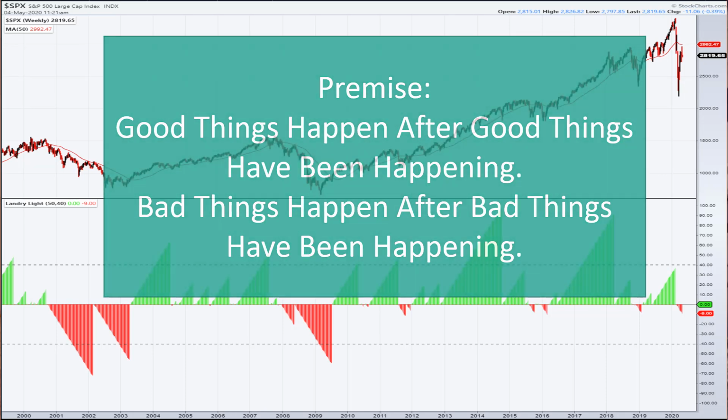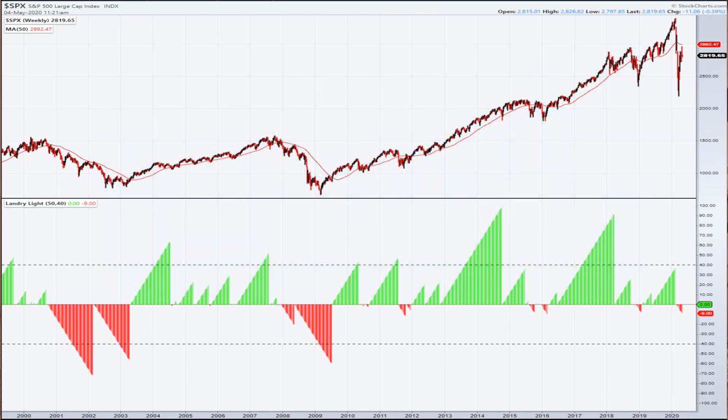So my premise here is that bad things happen after bad things have been happening, and good things happen after good things have been happening. In other words, selling begets more selling, or red begets more red, and green begets more green.